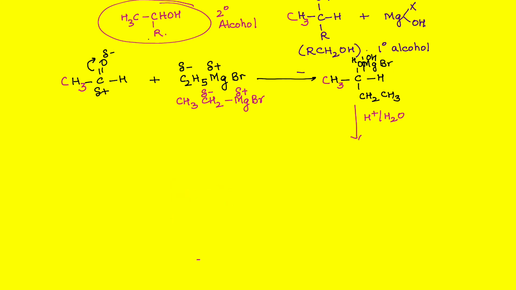You're waiting for me to give you the answer, right? So CH3, CH, CH2, CH3, and then OH. How am I going to name this particular compound? So I'll have here 1, 2, 3, and 4.